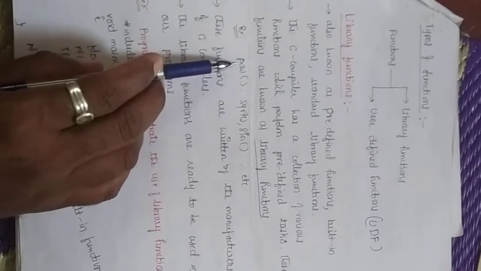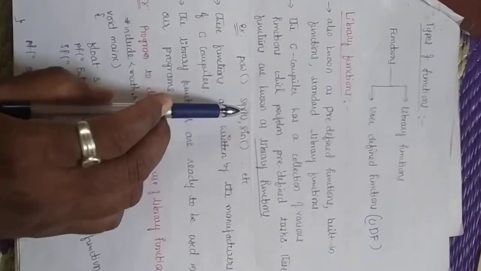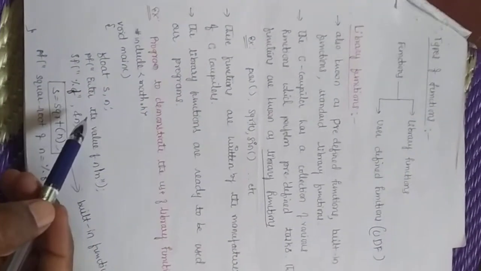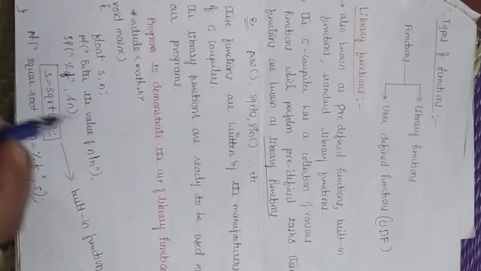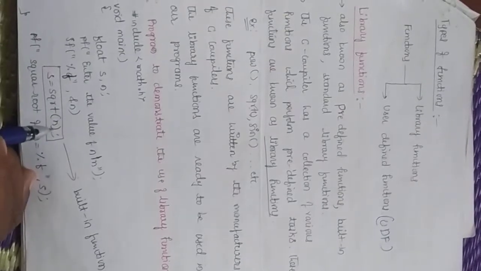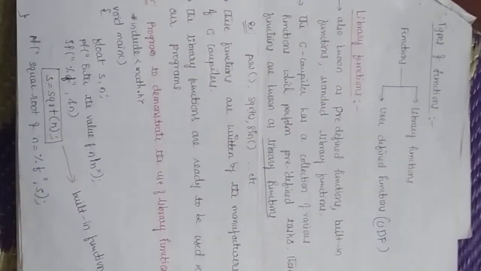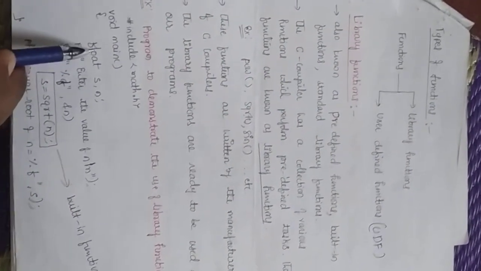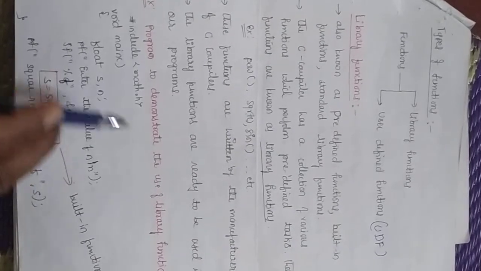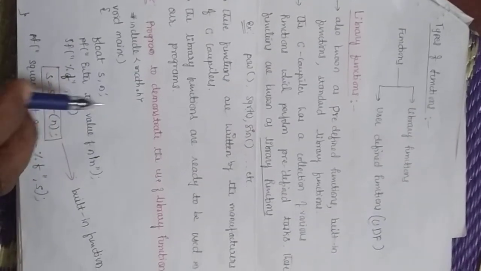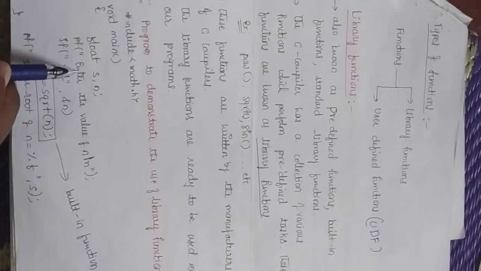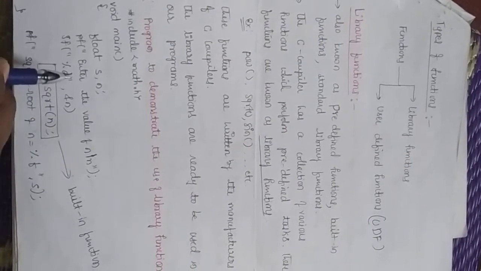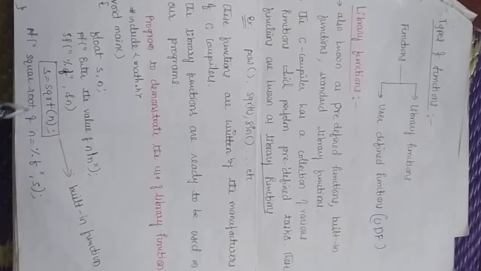Here we have a square root function. The example is written here also. This is one library function or built-in function, square root. If I use that square root function in my C program, automatically I can get the result. Suppose, consider float s and n value. This program demonstrates how to find the square root of a given number. Printf, enter the value of n, scanf percentage f and ampersand n.